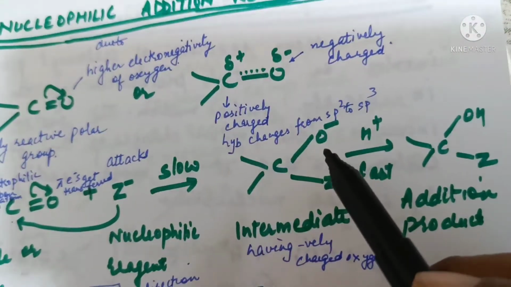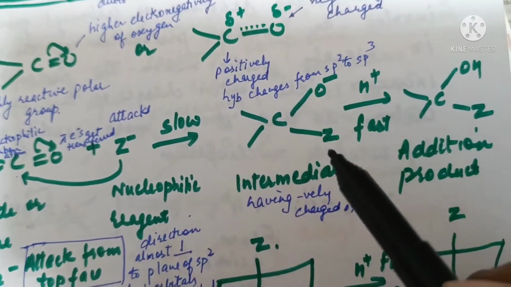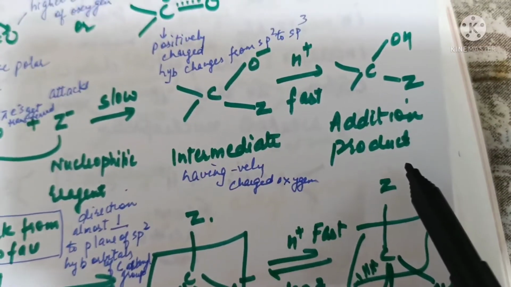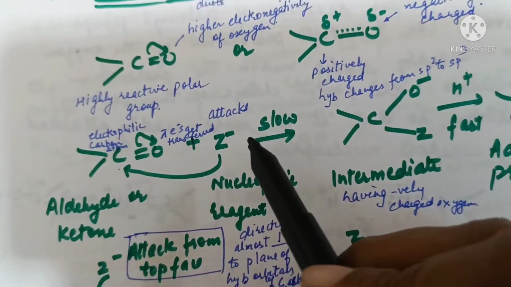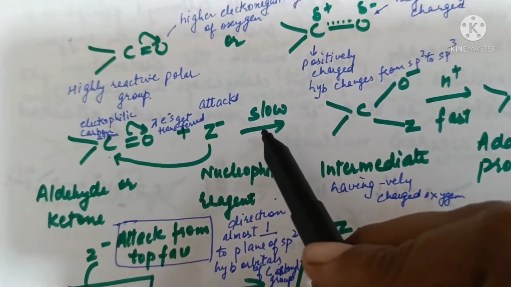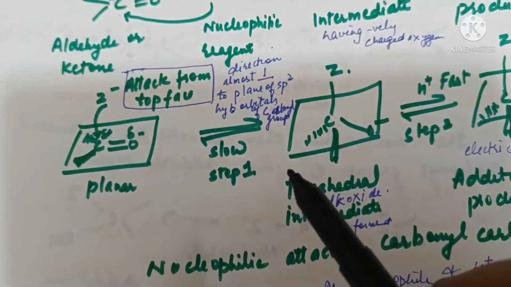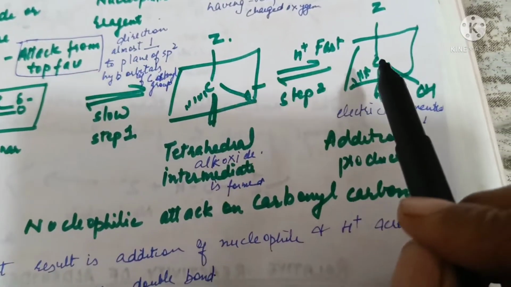In the next step, after the formation of the intermediate, a proton gets attached, and this reaction is fast and an addition product is formed. The step where the nucleophile is attached is slow and is the rate determining step. So step 1 is slow, step 2 is fast.